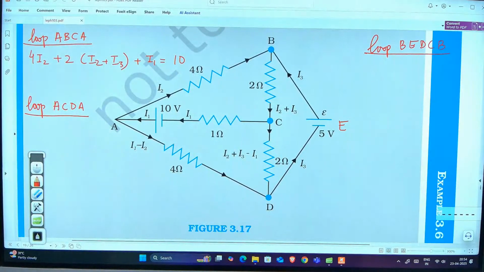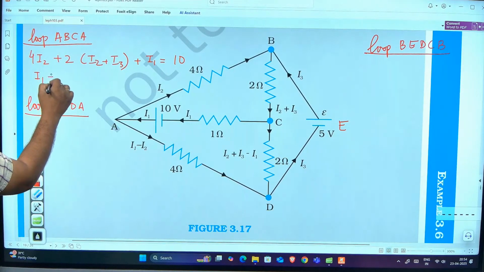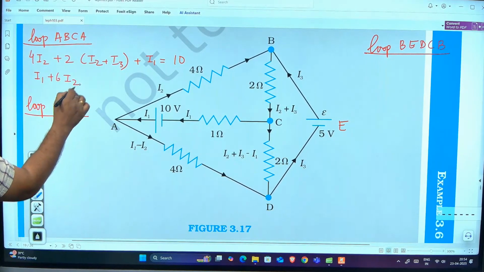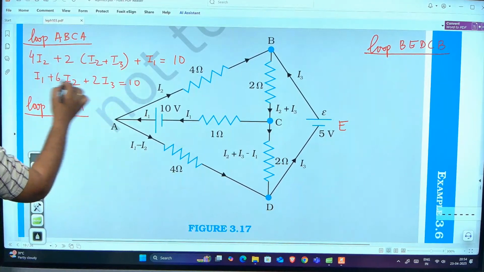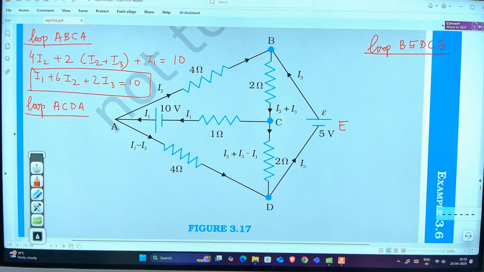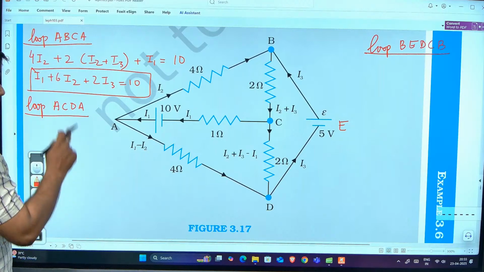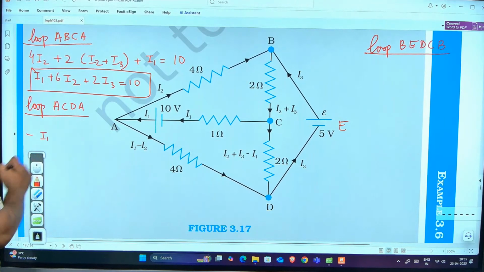If everybody has got the same equation, be happy. So it will become I1 plus 6I2 plus 2I3 equals 10. One equation is this. I believe everybody has got this. A, C, D, A. When I am going from A to C, negative I1.